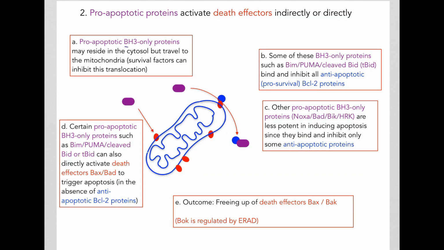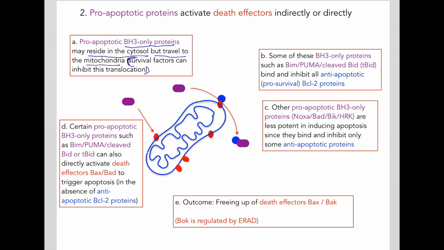These BH3-only proteins may reside in the cytoplasm, but during stress, they will travel to the mitochondria. And we know that if a cell receives survival factors, that can inhibit the translocation of these BH3 proteins from the cytoplasm to the mitochondria.